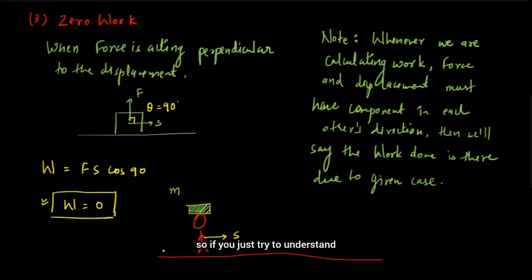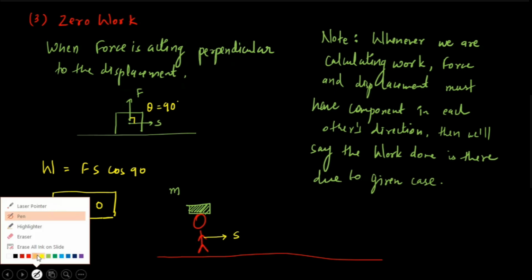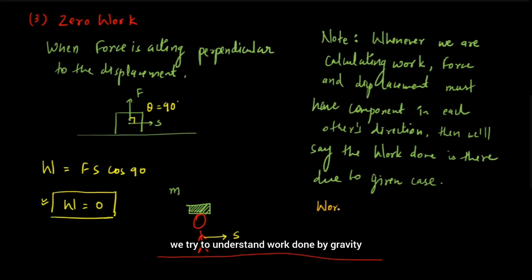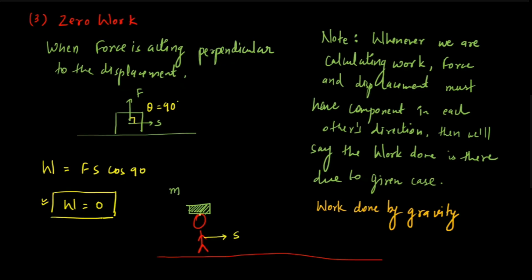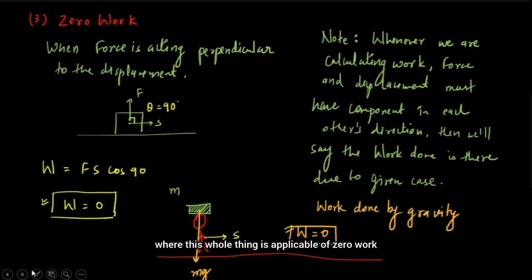So if you try to understand the work done by gravity in this case, that is coming out to be 0. Because mg must be acting in the downward direction, so force has its downward direction, whereas the displacement is in the forward direction. So the angle between them is 90 degrees, so work is going to be 0 because of gravity. So this is one such case where 0 work applies.